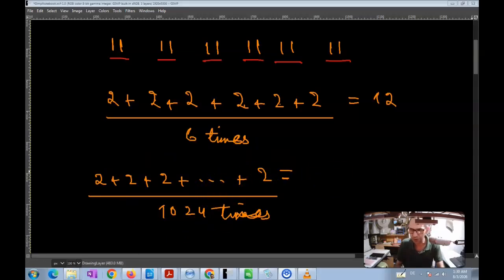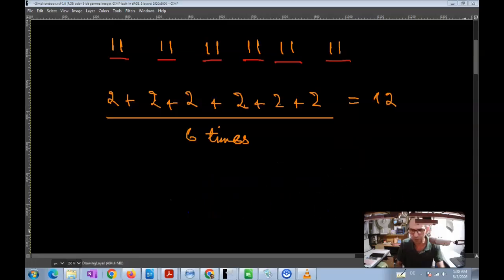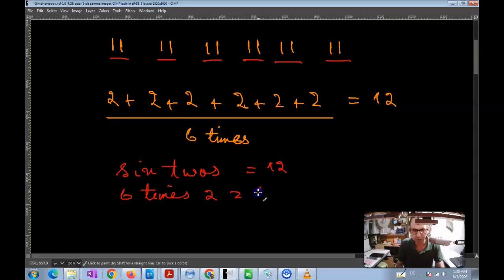To do this operation, when we say 2 plus 2 plus 2 plus 2, 6 times, we can write the same operation as 6 times 2, or we can write 6 2's. The 6 2's we can write as 12, or we can write 6 times 2, which again we can write as 12.